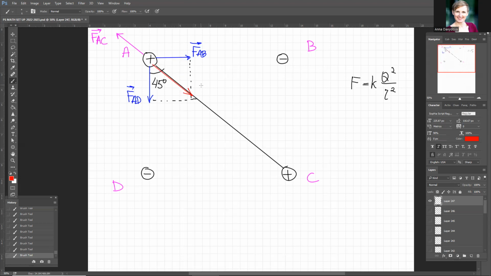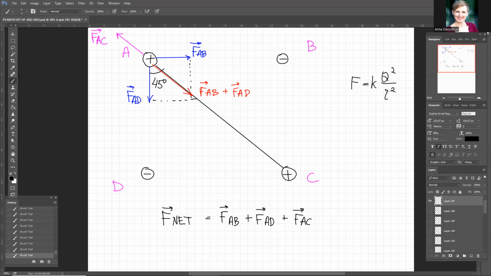So this red one is the result of AB plus AD together. Whether the red vector is longer than the pink vector, I actually don't know, so which way F net will be pointing, I can't really say. But for now, I'll state that F net acting on charge A will be the sum of all three forces: blue AB, blue AD, and pink AC.